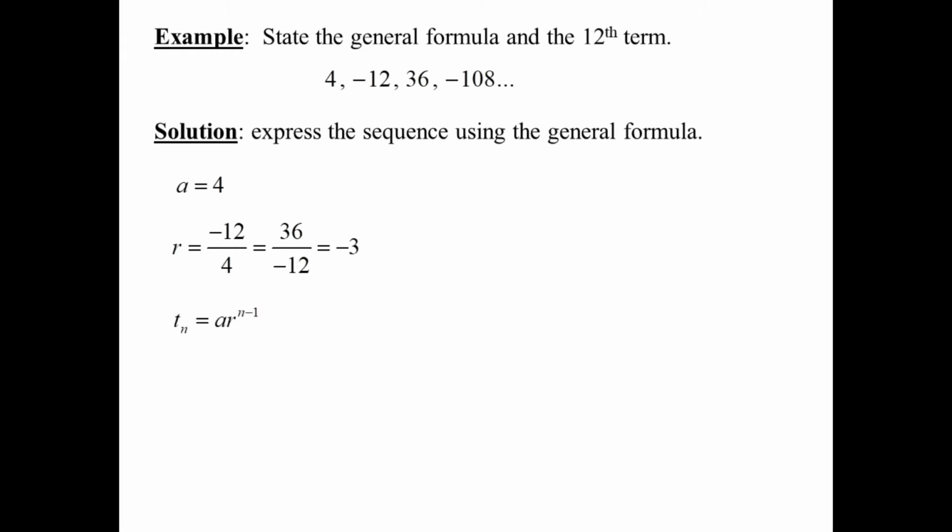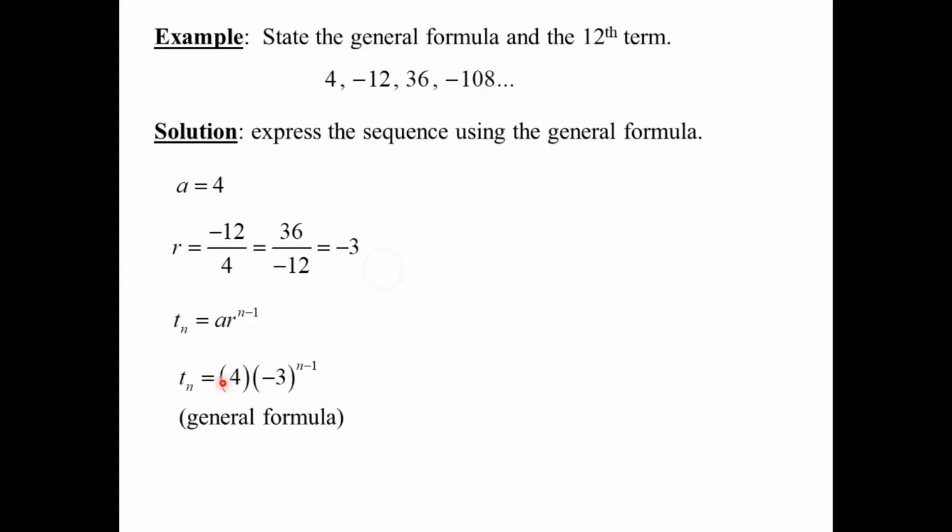The general case is t sub n equals ar to the n minus 1. So in this case, t sub n equals 4 times (-3) to the n minus 1. This is the general formula.